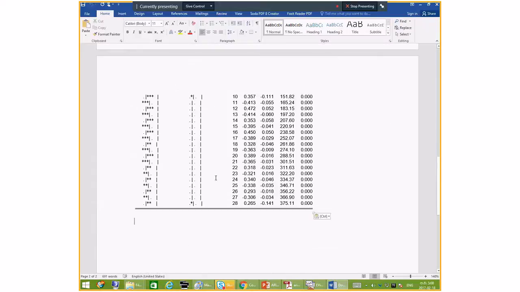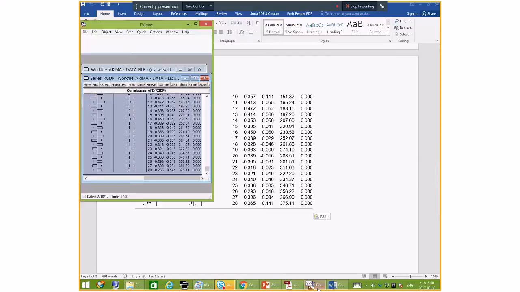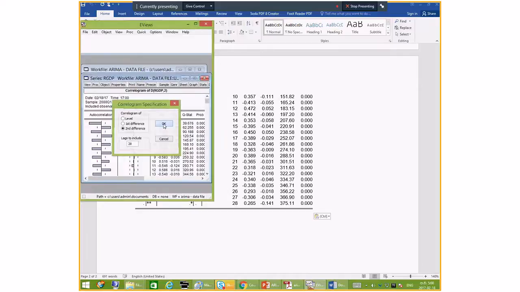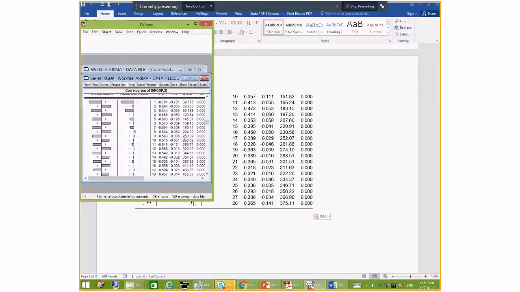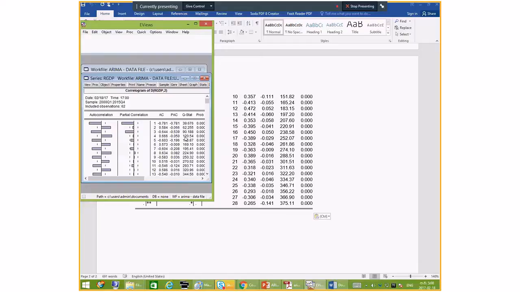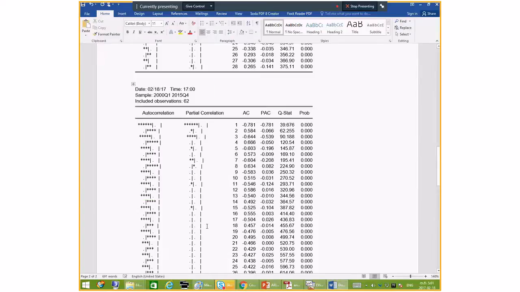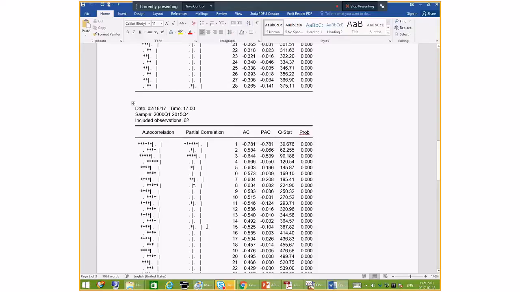The first difference series is also non-stationary. Then go to the correlogram for the second difference. The second difference is also non-stationary.